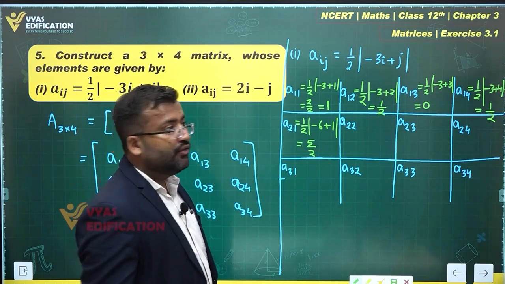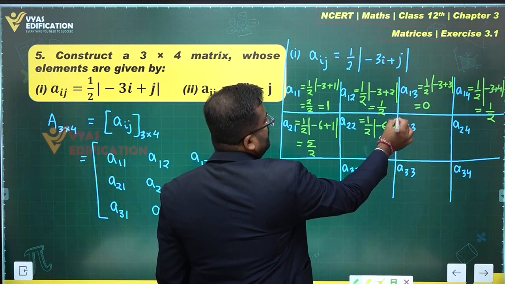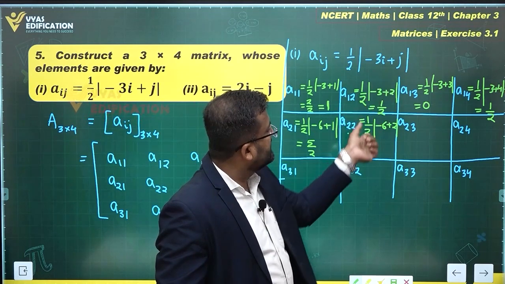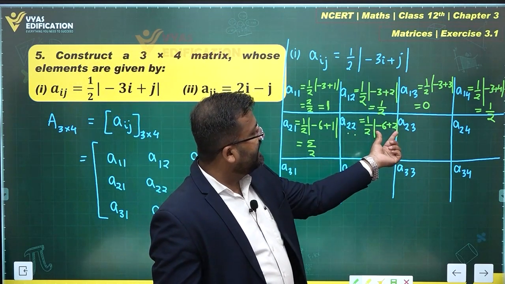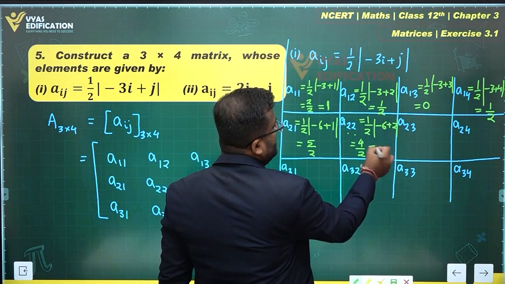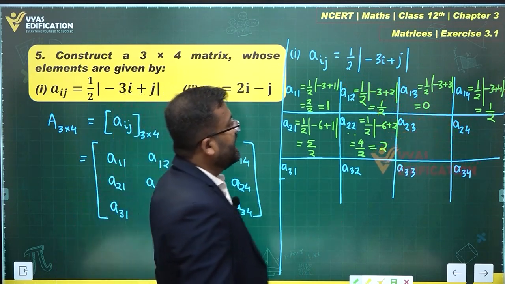What happens in case of A22? A22 is half modulus of minus 6 plus 2. This is minus 3 times 2 plus 2. Minus 3 times 2 is minus 6 plus 2. This is minus 4, the modulus is 4. This becomes 4 by 2, which is equal to 2, simply 2, right? Next one, A23.